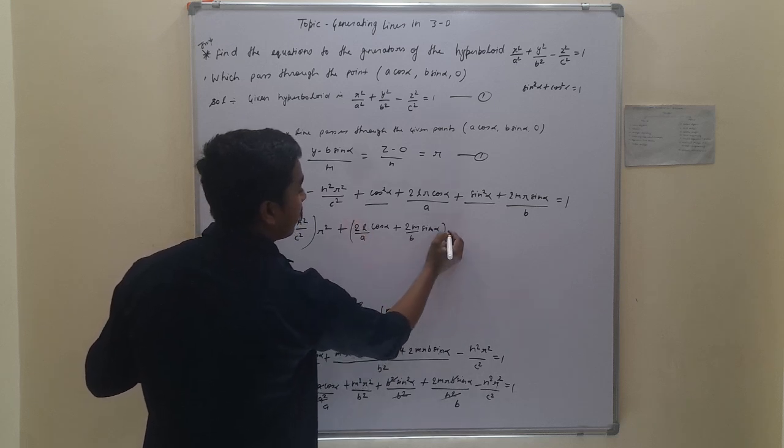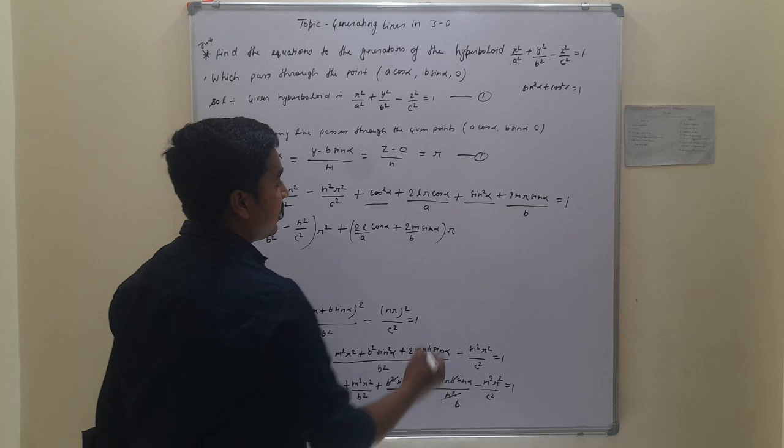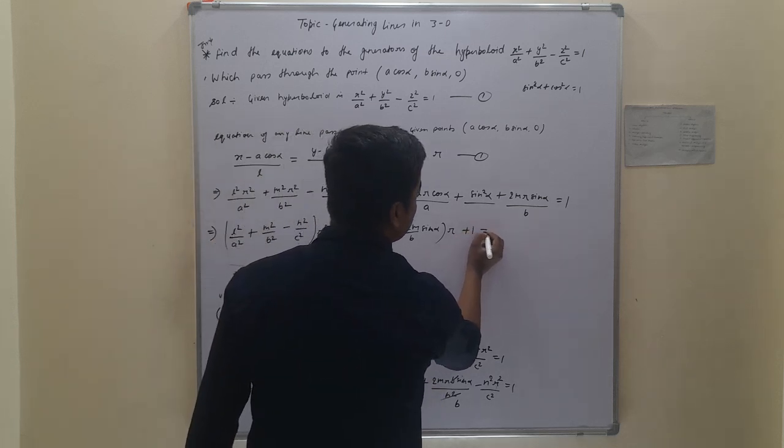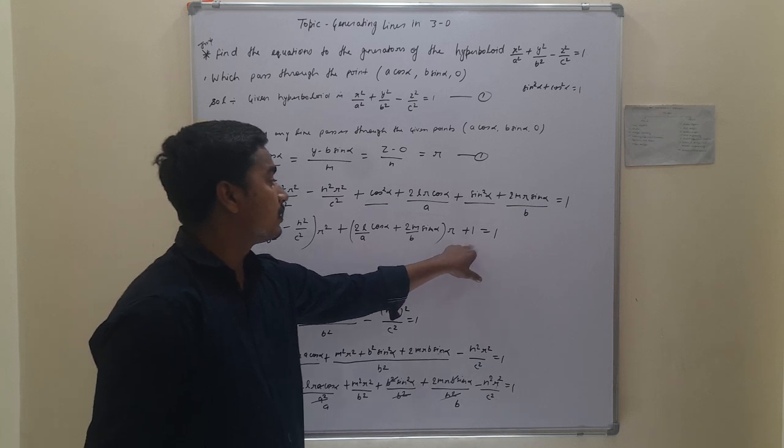into r, and since sin square alpha plus cos square alpha is 1, we put in 1, and 1 is taken to this side, this gives 0.